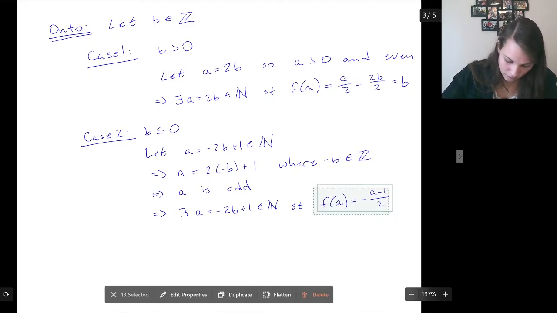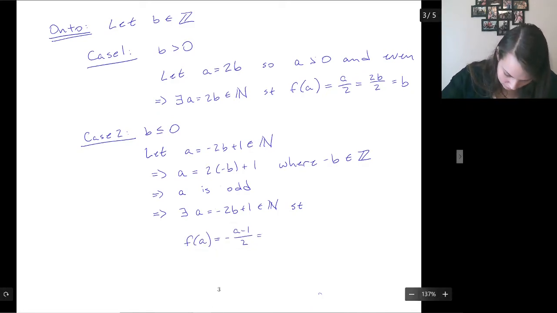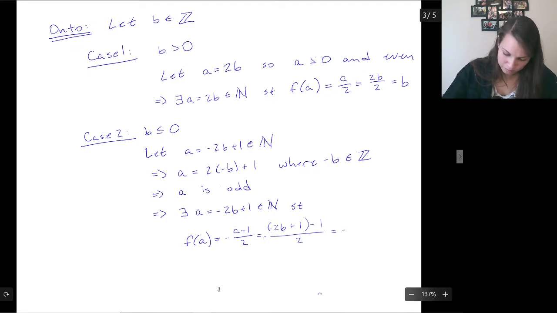Let's go ahead, because I got rid of my scratch work, you can't see where that a came from anymore. So negative 2b minus 1, plus 1 minus 1, all over 2. And now you can show your algebra here. There you go.